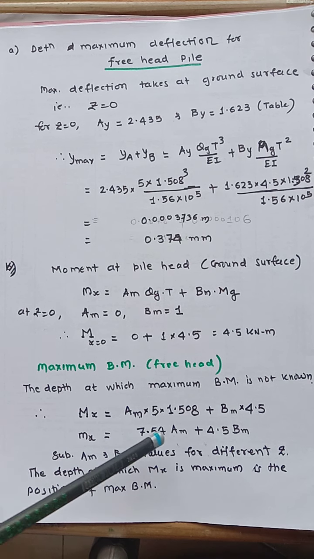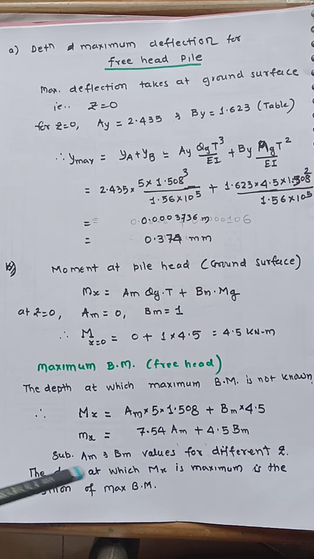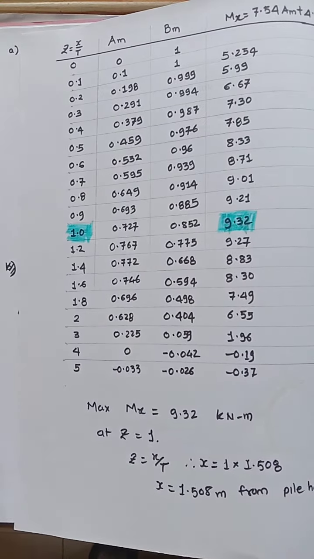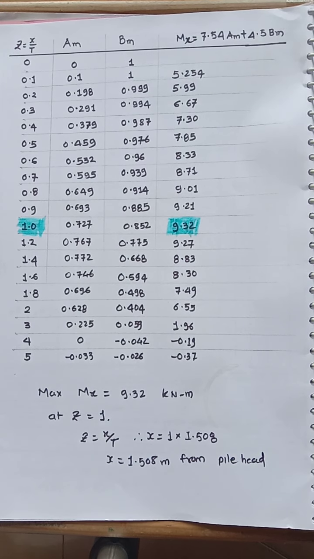The AM and BM values will be substituted from the table, and we check the moment at different depths. The depth at which this moment is maximum gives the maximum moment. So you can see this table.